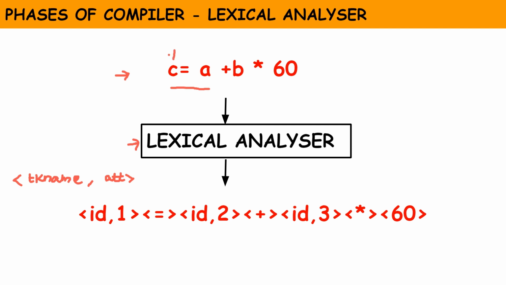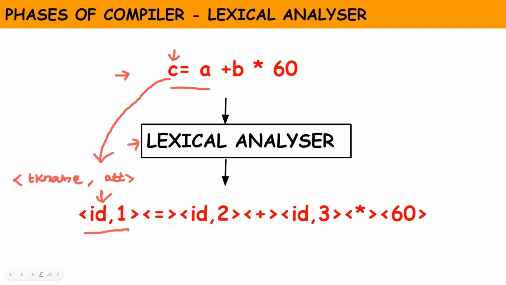For example, it will take C as a lexeme, equal to as a lexeme, A as a lexeme, plus as a lexeme and so on, and produces the token for each lexeme. Now we will consider C as a lexeme. The equivalent token for this lexeme would be ID, 1, where ID is an abstract symbol for identifier and 1 points to the symbol table entry position of C.